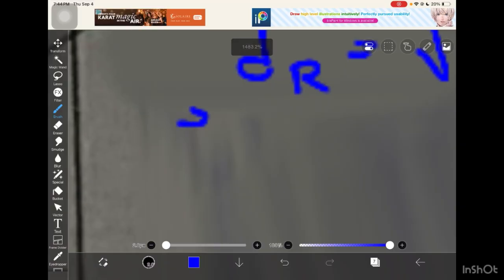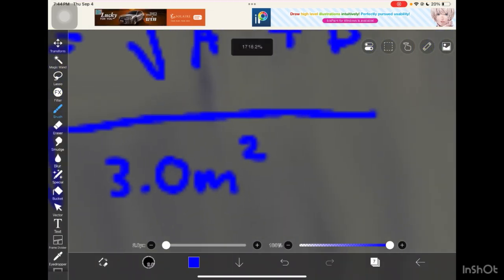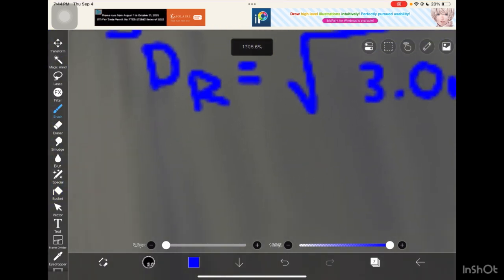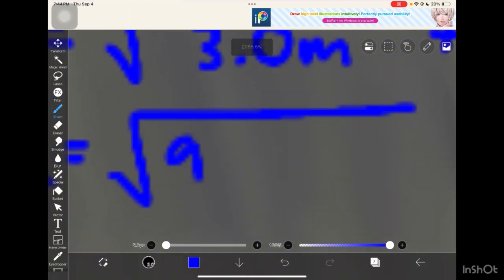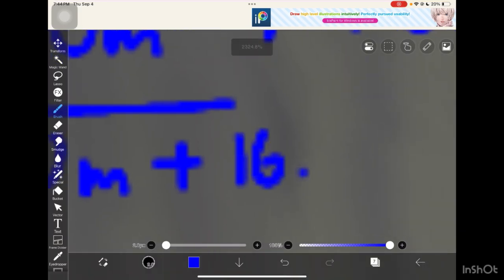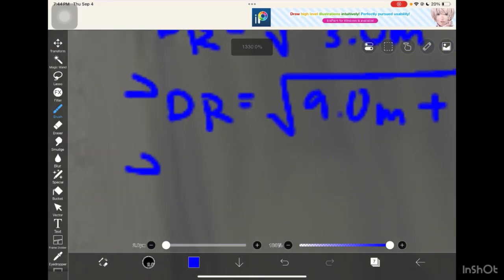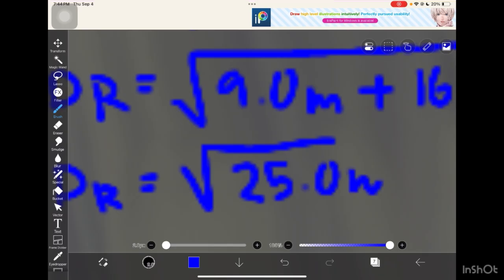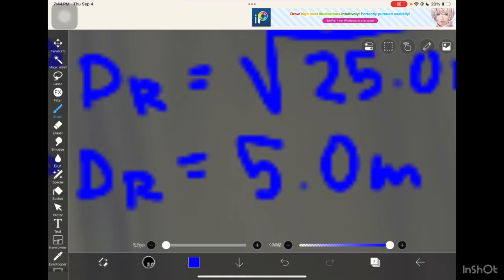So d sub r is equal to square root of 3.0 meters squared plus 4.0 meters squared. Simplify, 9.0 meters plus 16.0 meters. D sub r is equal to square root of 25.0 meters. D sub r is equal to 5.0 meters.